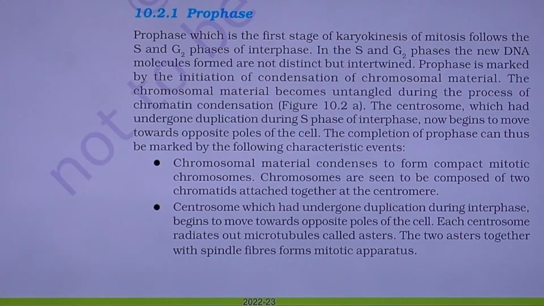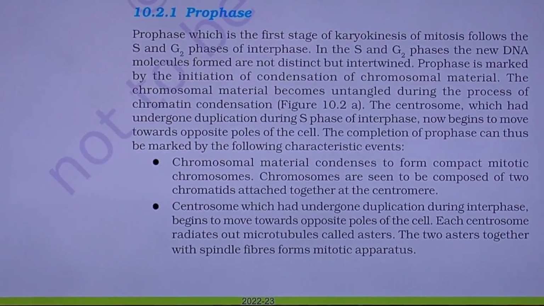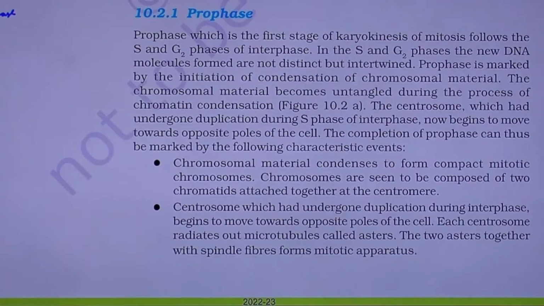Mitosis starts with karyokinesis, and karyokinesis has 4 stages: prophase, metaphase, anaphase and telophase. Prophase is the first stage and follows the S and G2 phases of interphase. Interphase has 3 stages: G1 phase, synthesis phase and G2 phase.